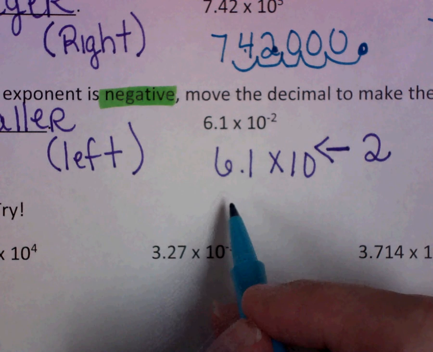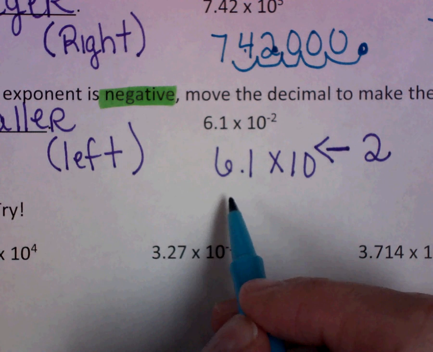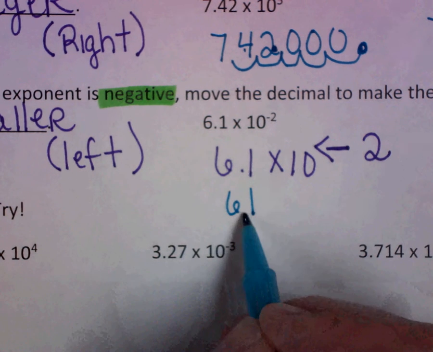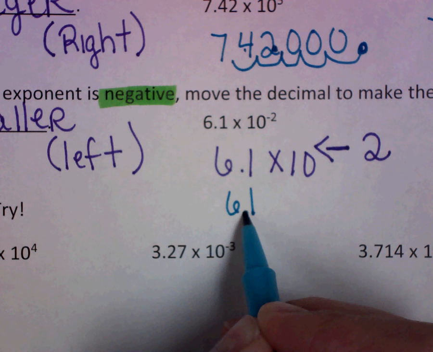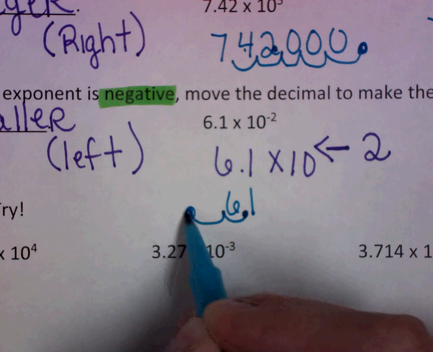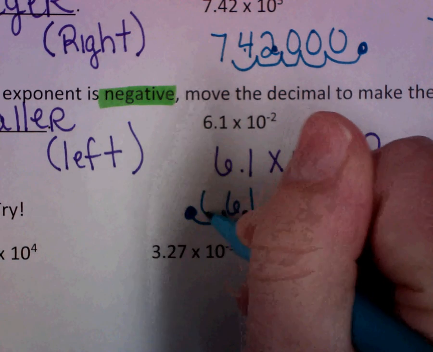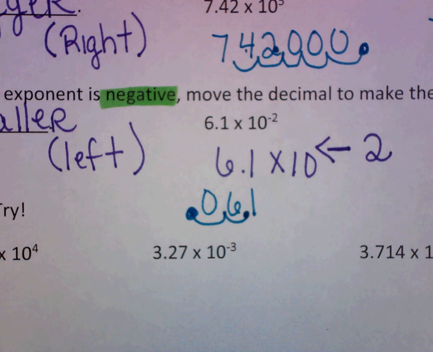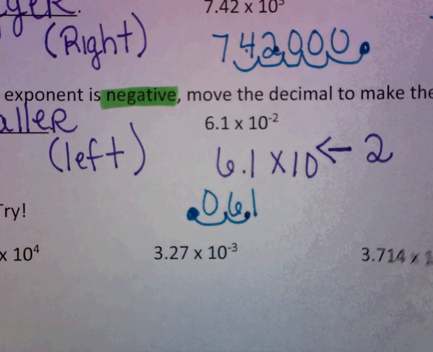This time we want to make the number smaller. Here is my decimal, and I need to move it left 2 times. 1, 2. Here's my new decimal. We're going to put a 0 in this place, and so it would be 0.061.